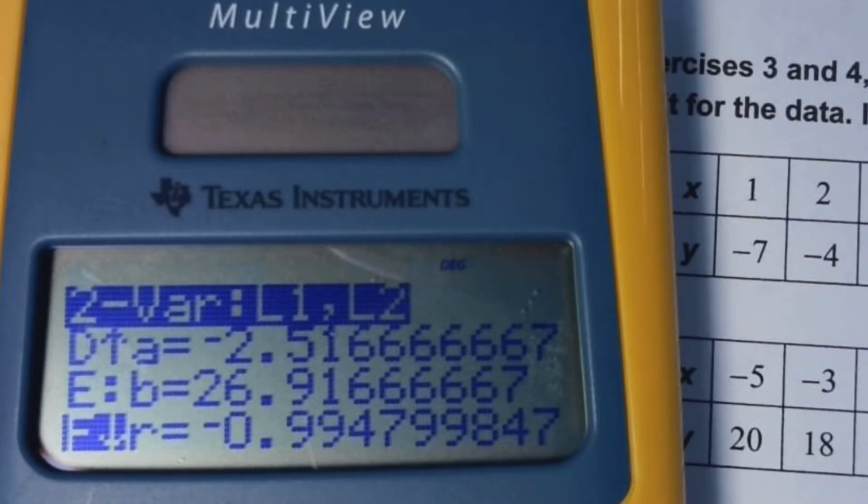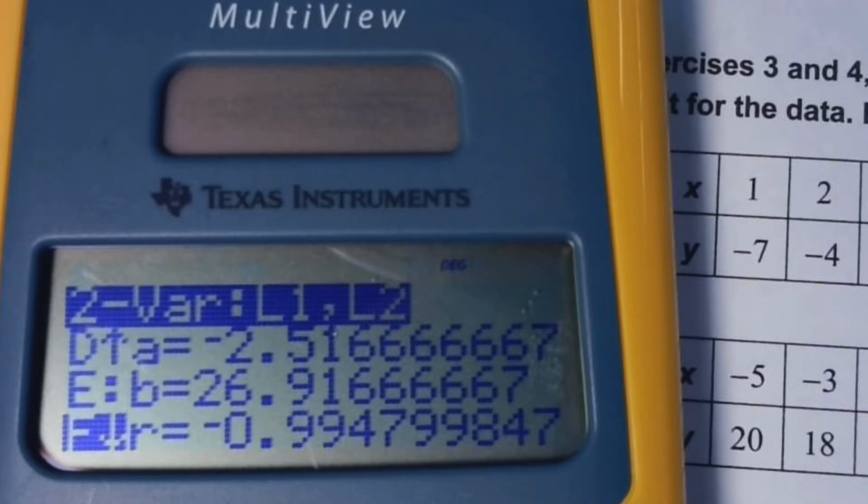A equals what? Negative 2.52. Can I call that negative 2.52 by rounding? B equals, and I'm writing this down separately and I'll show you later, 26.9.